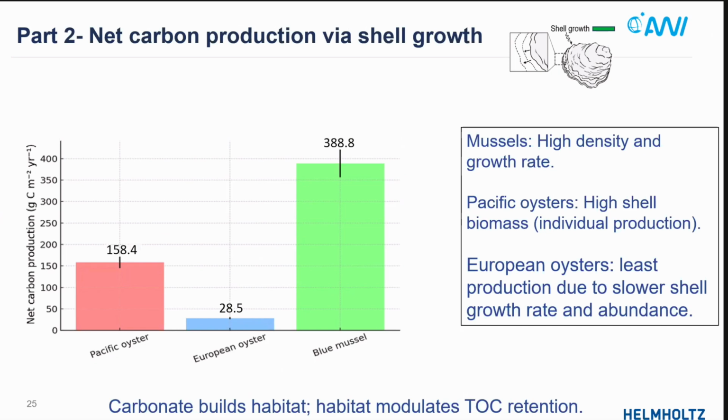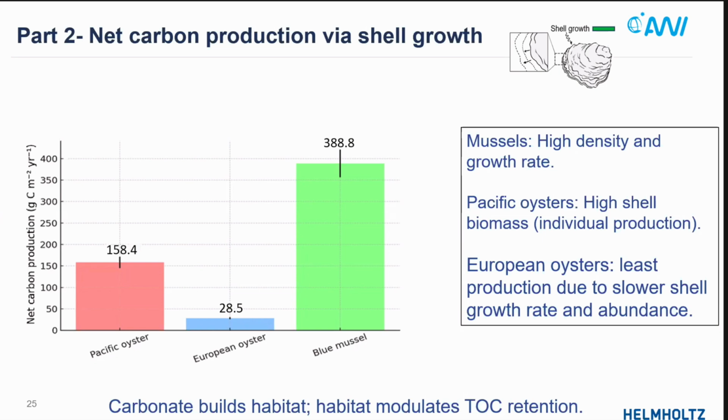First, we consider the shell growth. Shell growth generates carbon dioxide based on local alkalinity, partial pressure of CO2, and temperature. In the North Sea, total alkalinity varies between 2100 to 2400 micromole per liter, temperature varies between 0 to 30 degrees centigrade, and the partial pressure of CO2 varies between 300 to 900 units.